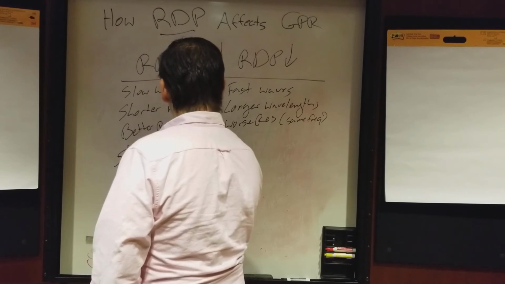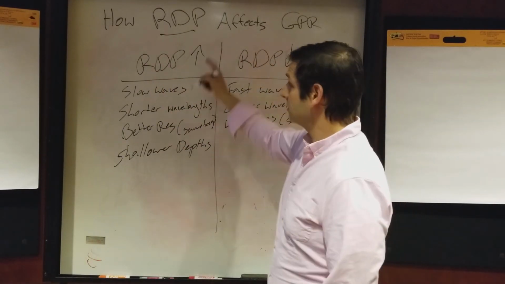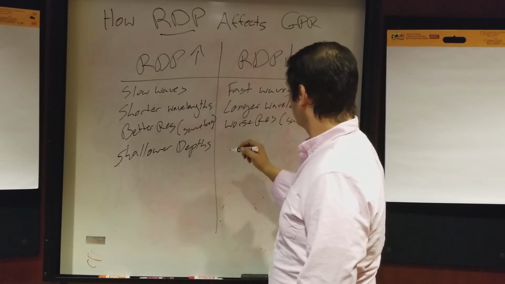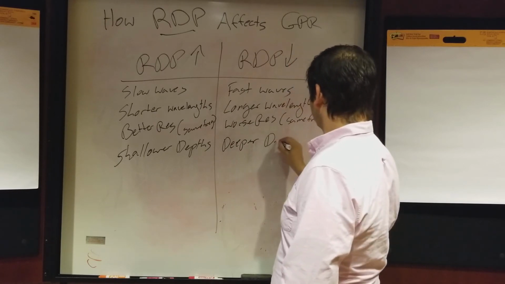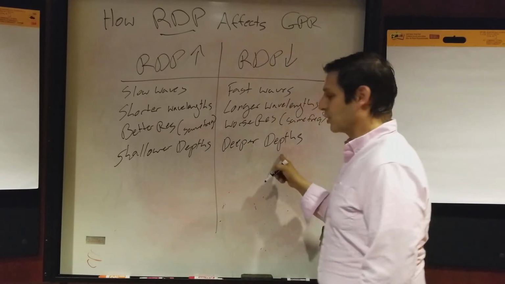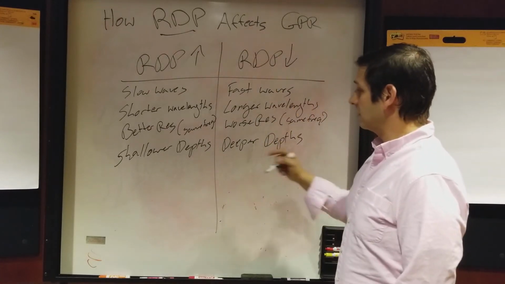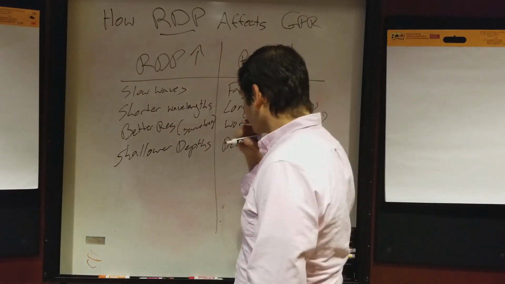Shallower depths for high RDPs, so wet clay, for example, has shallower depths because you have shorter wavelengths. Deeper depths, to be able to prospect deeper, for low RDP, like in dry sand or limestone or granite.